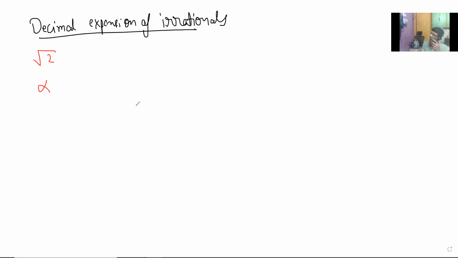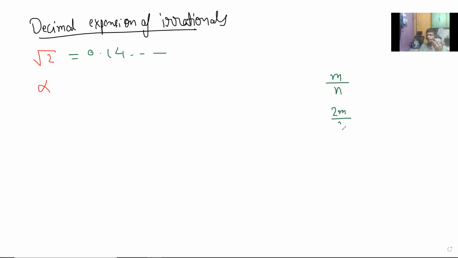Now, what are the decimals? What is a decimal expansion? What can we say about this? If you look at a rational number like m by n, it has a decimal expansion which repeats.